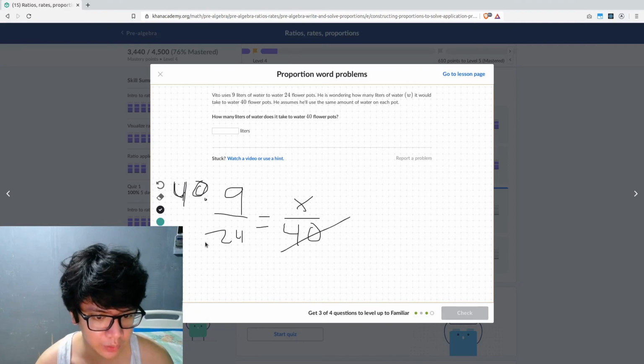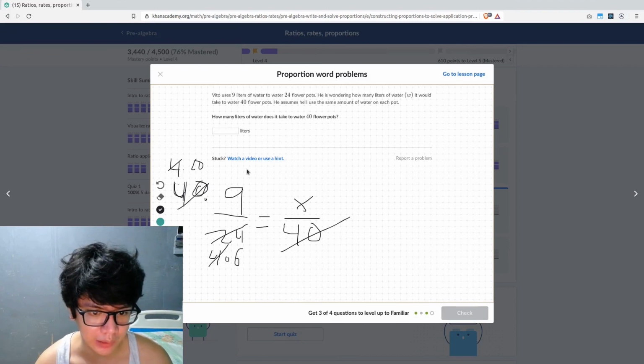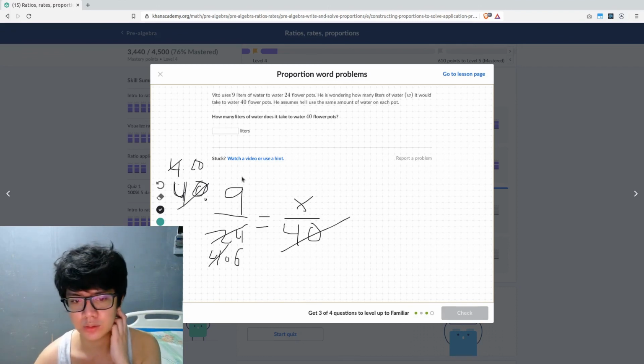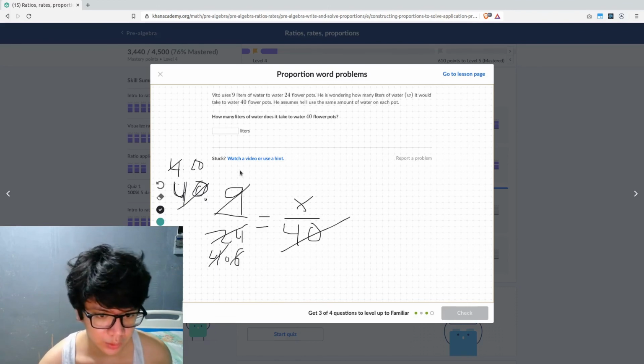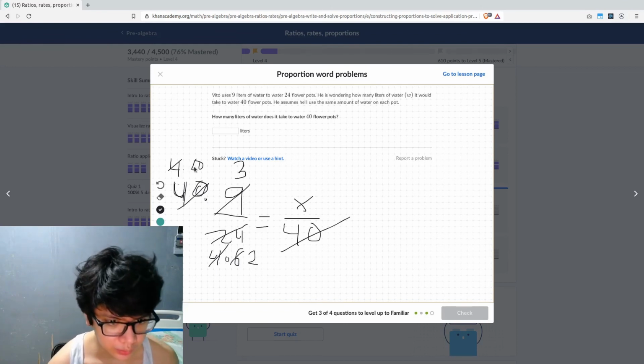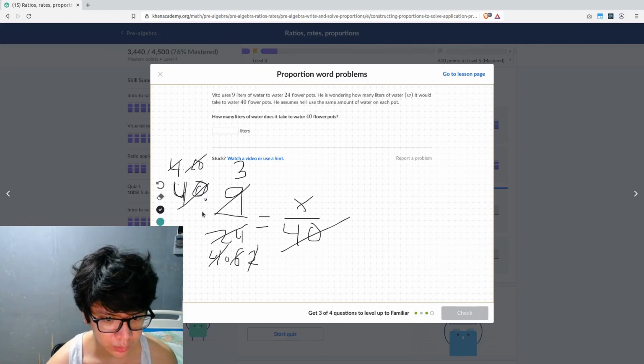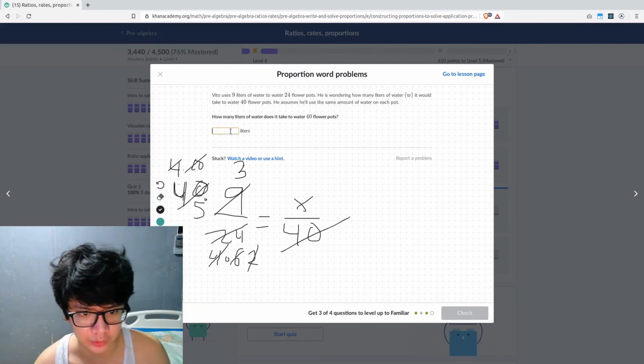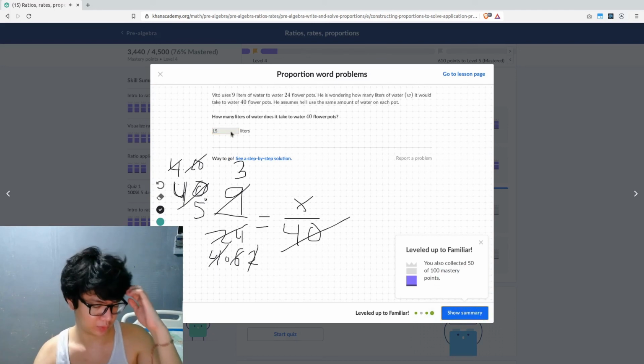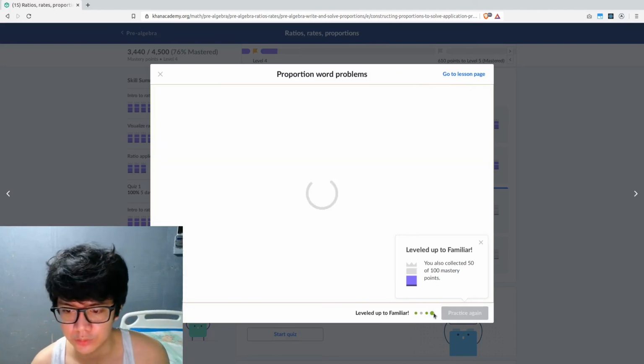What's this? 240 divided by 4 times 6 and 4, 10. Then we have 90. Let's just do this first. We can do 3 and 2. And then 15 liters. That's pretty sick. I like it.